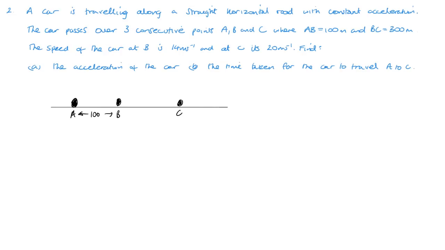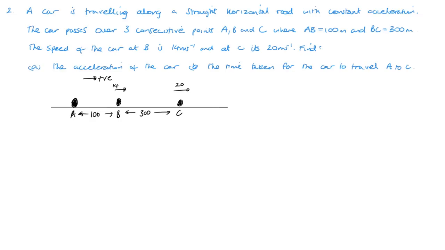And then there's C, and there's 300 meters between B and C. Now at B, this is 14, and at C it is 20, and we will take left to right as the positive direction.